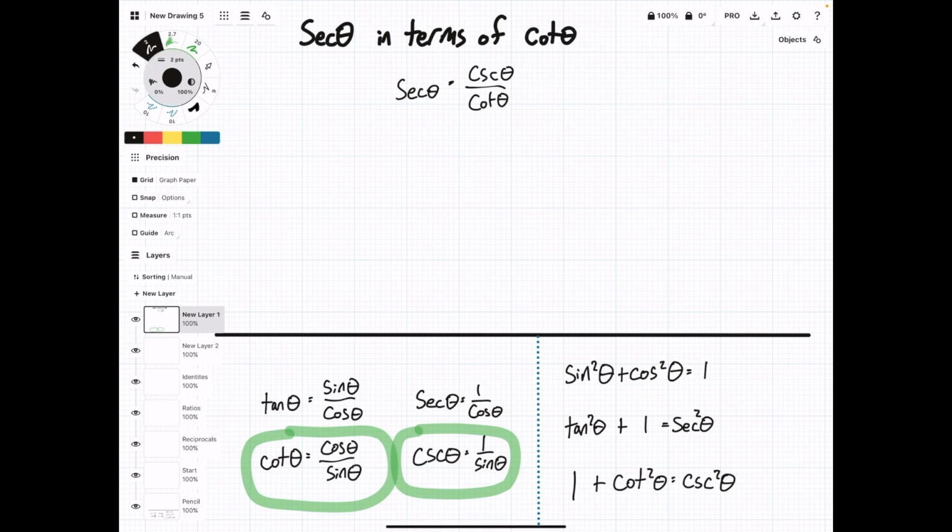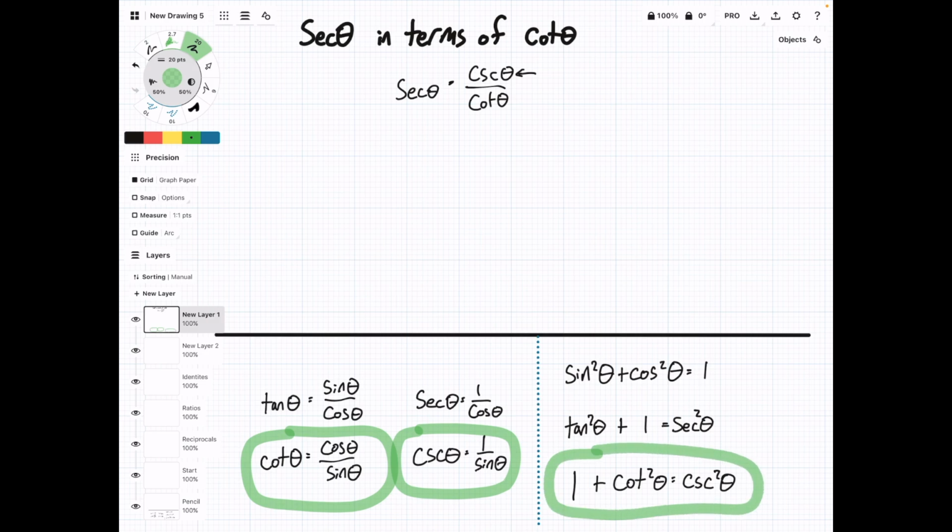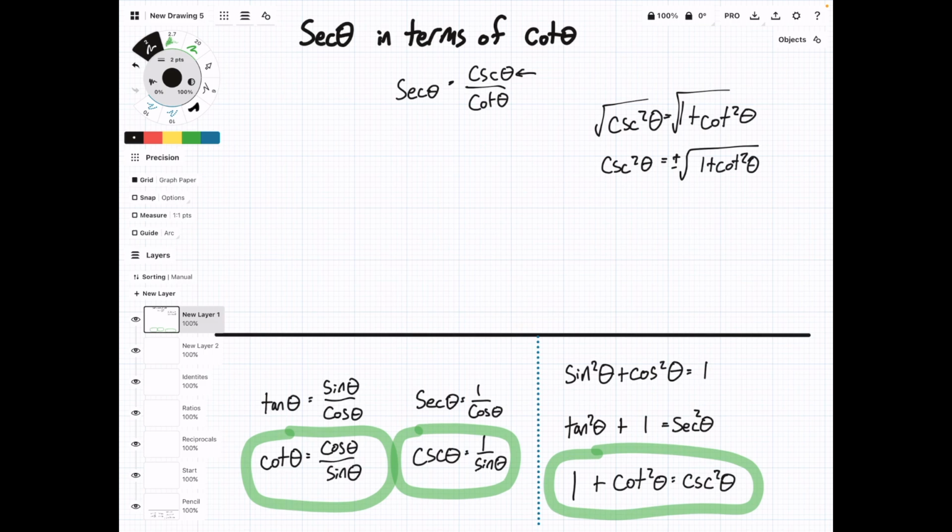But then what we need to do is figure out what cosecant theta is in terms of cotangent. So luckily we have this identity here, so we can solve this one for just cosecant. So let's do cosecant squared theta equals 1 plus cotangent squared theta, square root of each side. Cosecant theta equals plus or minus the square root of 1 plus cotangent squared theta.